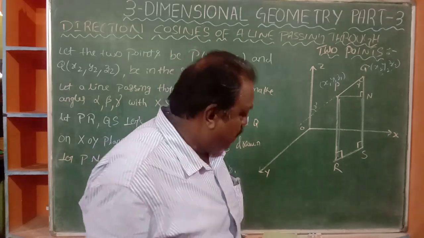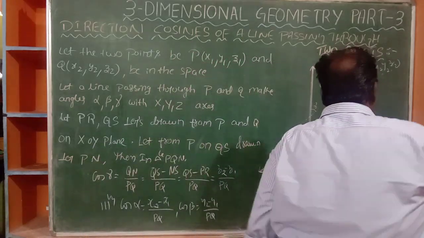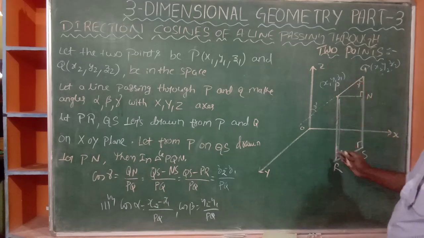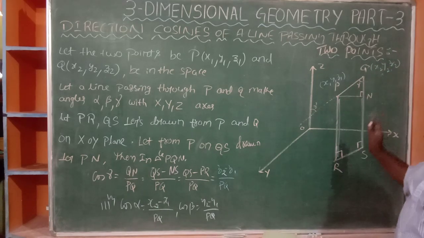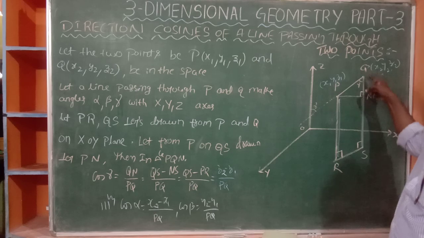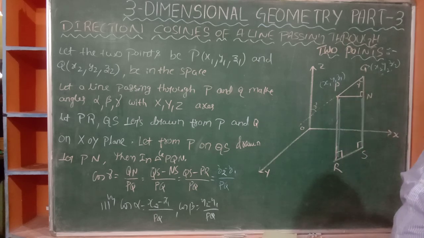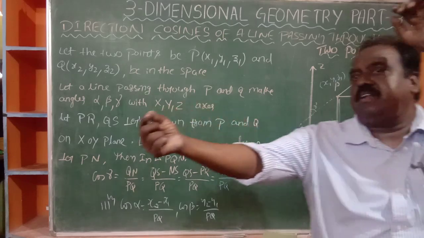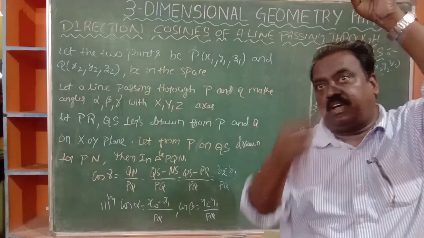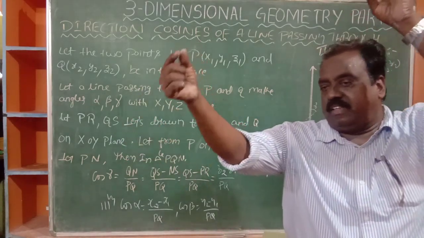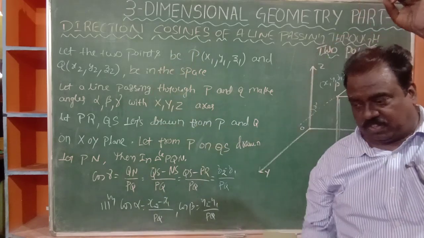Okay. Here one more thing is there. These are 2 perpendiculars. From P, on QS also, draw another perpendicular. That means here point P is there, point Q is there, perpendicular here. This is PR and this is QS. Okay.